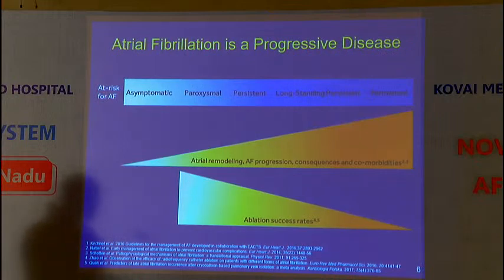In early stages, we know atrial fibrillation has only a few triggers. The most common trigger, from one phenomenal paper which came from an Indian-origin electrophysiologist from Switzerland, Dr. Dipan Shah, identified that atrial fibrillation triggers start from the pulmonary veins.